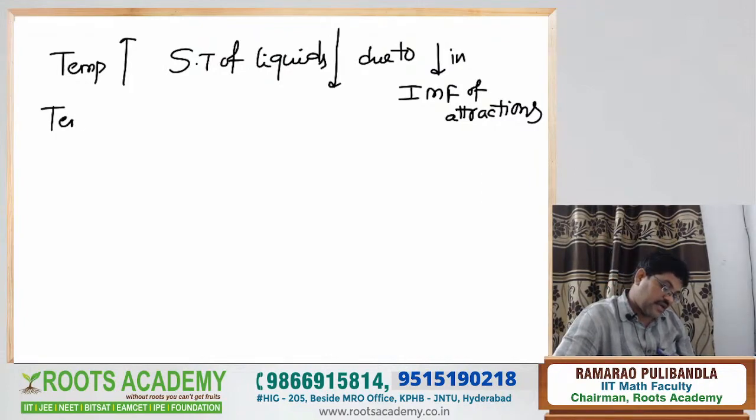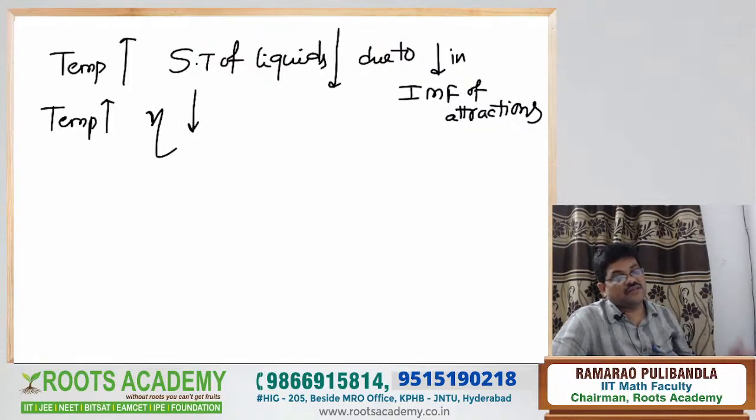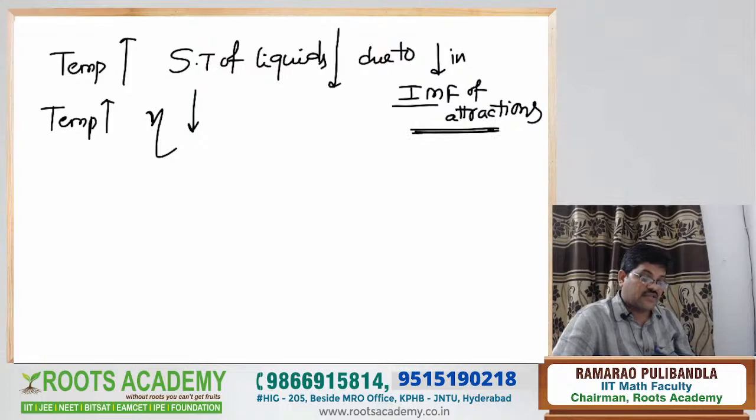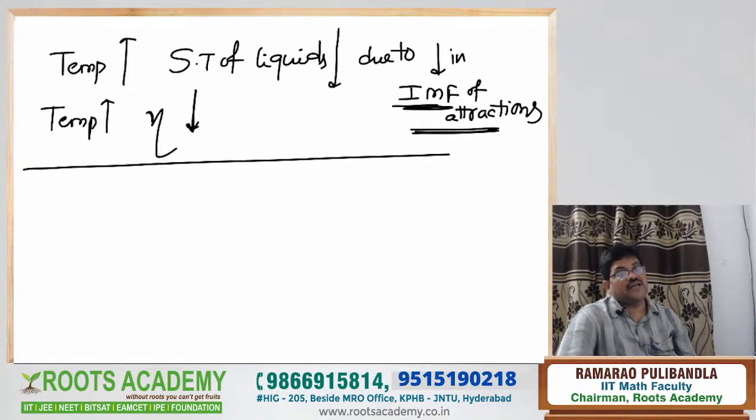Similarly, as temperature increases, the coefficient of viscosity of the liquid also decreases, because viscosity means the resistance of the liquid to flow. A liquid with more viscosity finds it difficult to flow on the surface, and a viscous liquid is less easy to flow. As temperature increases, intermolecular forces of attraction decrease, and because of this, the coefficient of viscosity also decreases.